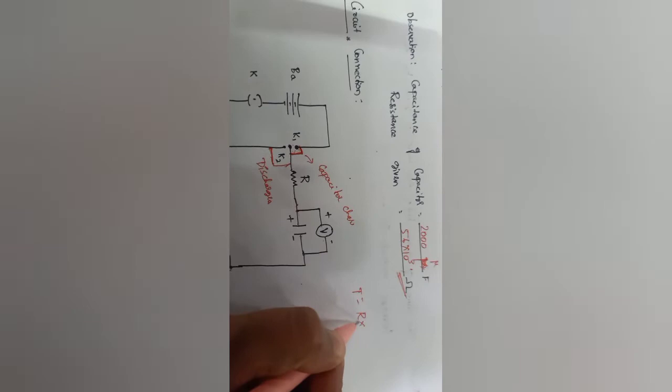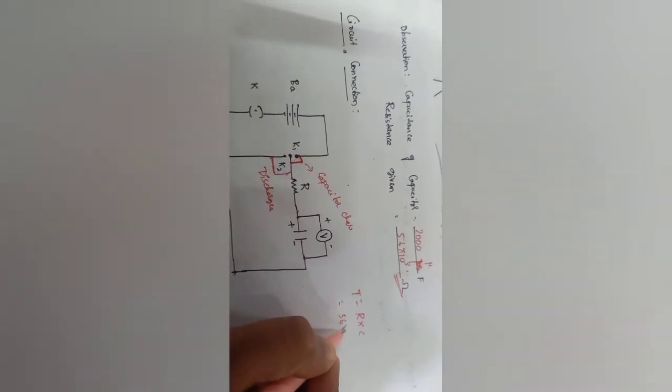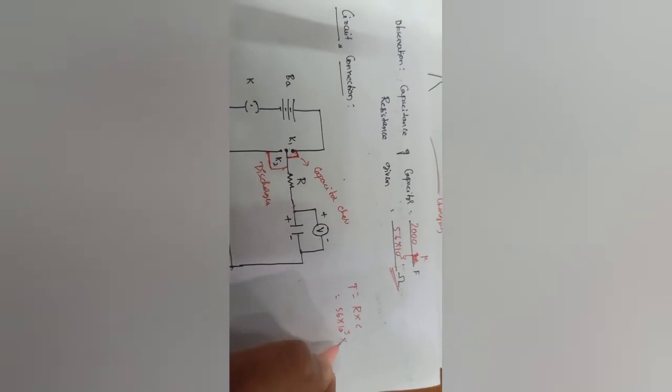For charging it will take this curve, and for discharging this curve. Later the time constant t is equal to R into C, where R is equal to 56 into 10 to the power of 3, and C is 2000 into 10 to the power of minus 6.